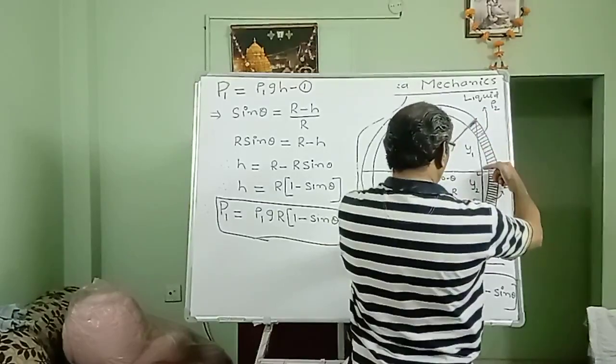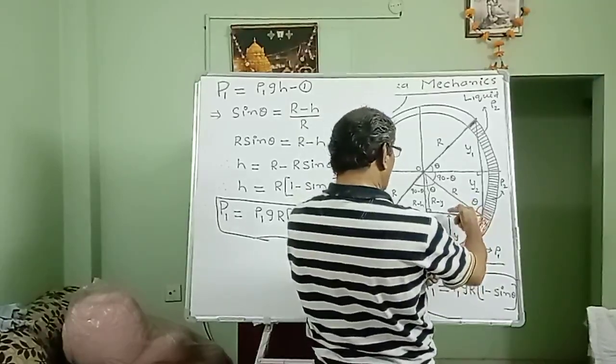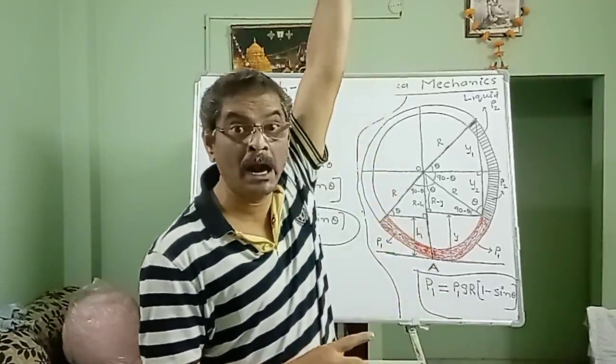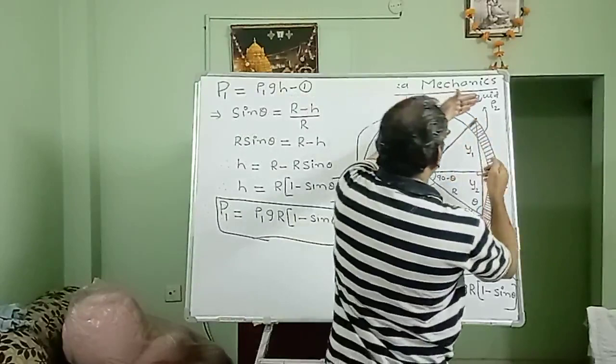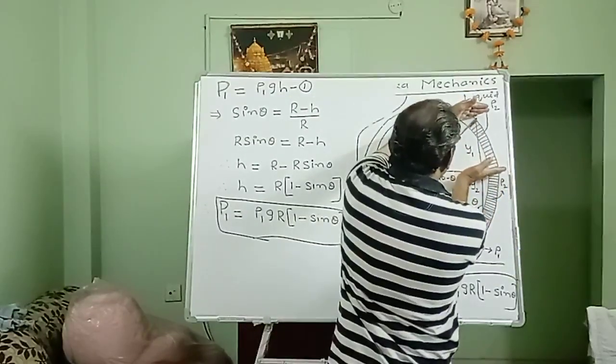For the second part, the vertical height will be y2, and for the third part, the vertical height will be y.